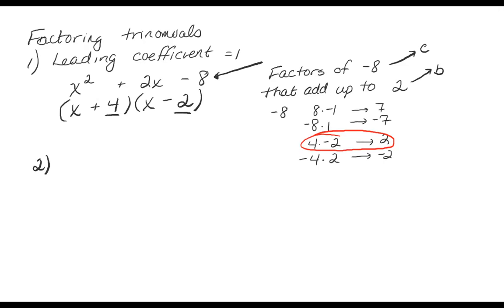So I shouldn't really call this number 2, should I? Because this was A. We'll call it B, and they make sense. Let's try x squared minus 18x plus 80.